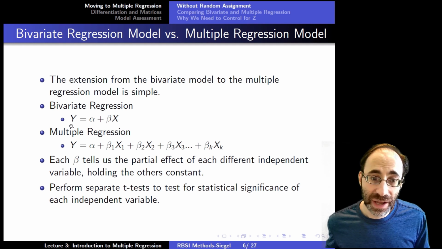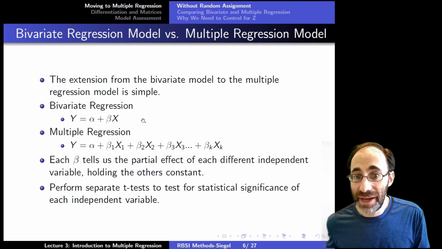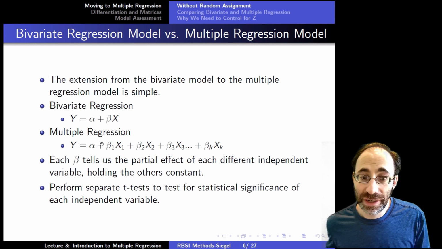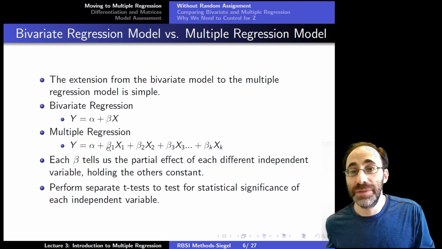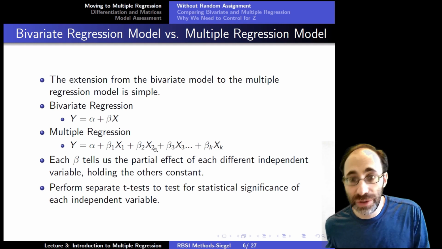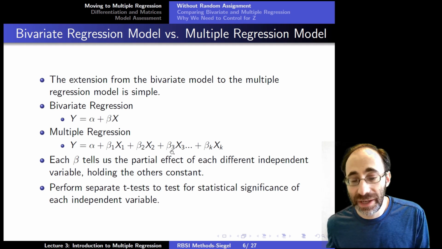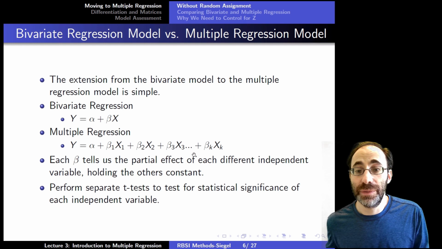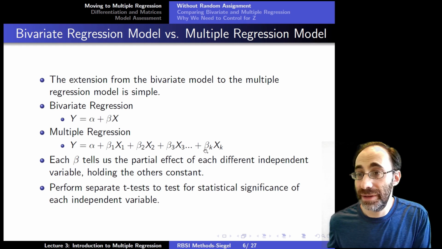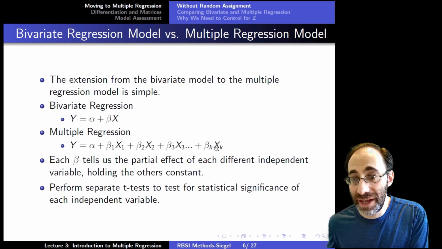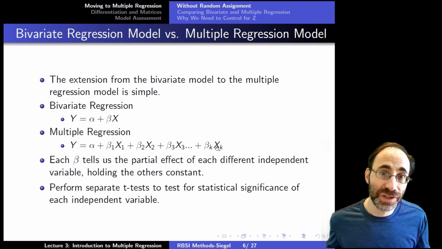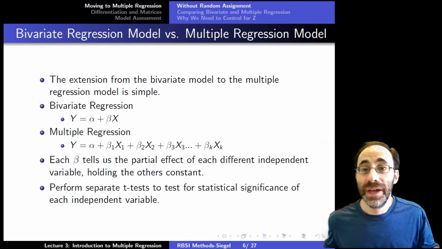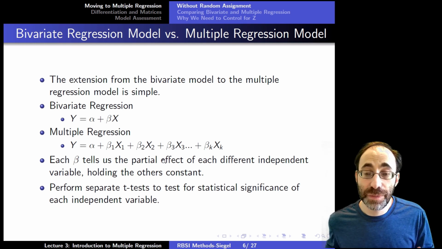So a bivariate regression has y equals alpha plus beta x. A multiple regression has y equals alpha plus beta 1 x1 plus beta 2 x2 plus beta 3 x3, and so on until you finish off with the last independent variable x sub k, which is multiplied by a coefficient beta sub k. The key is this fourth bullet point. It's absolutely key.